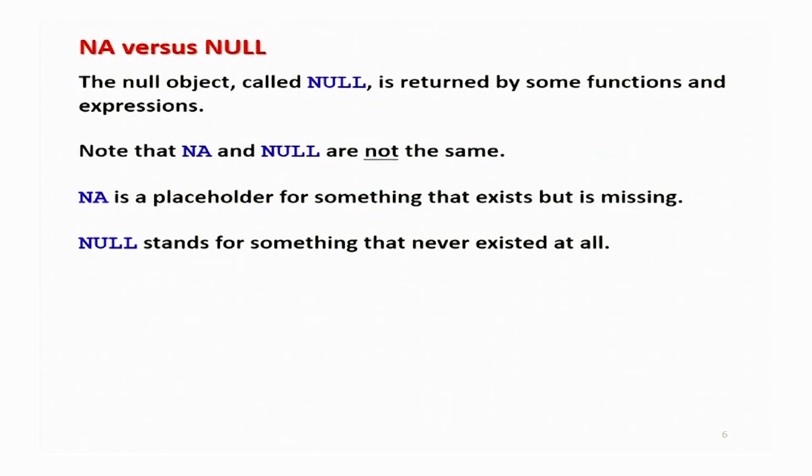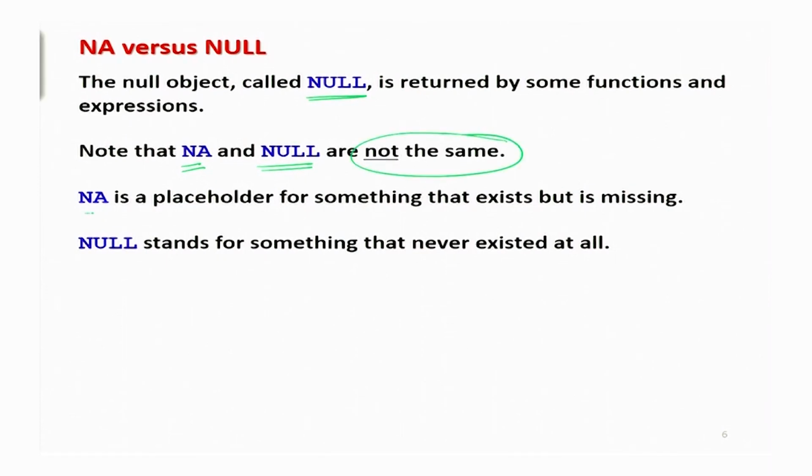Now, just like NA, there is another reserved word, which is NULL, and you will see that sometimes you execute a function and that function gives you an outcome as NULL. So, let me explain what the difference is between NA and NULL. NA and NULL, which is in all capital letters, are not the same.